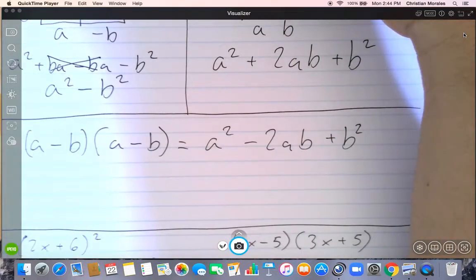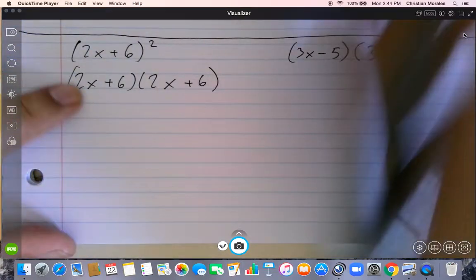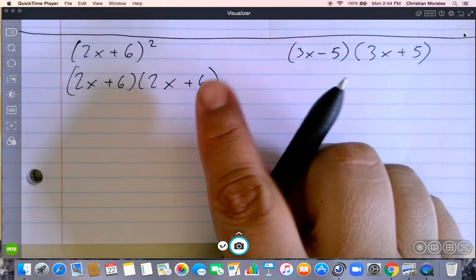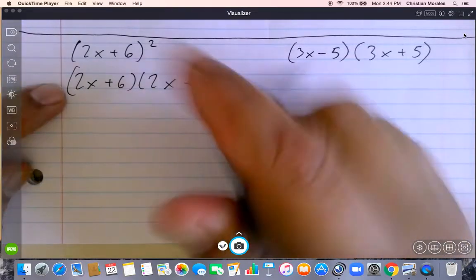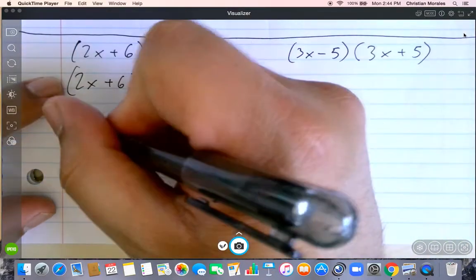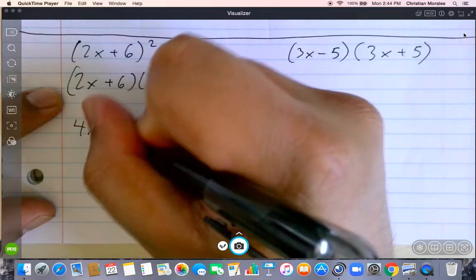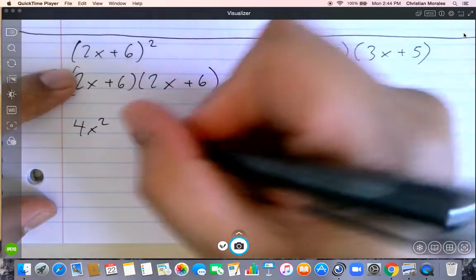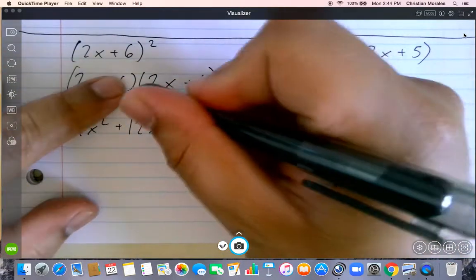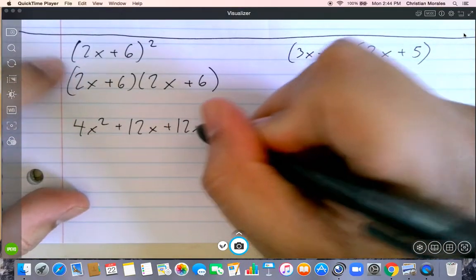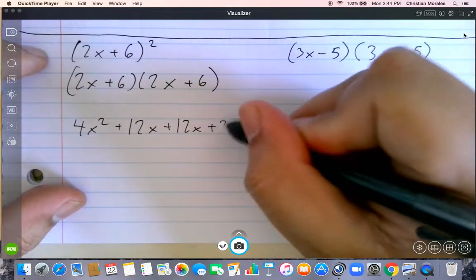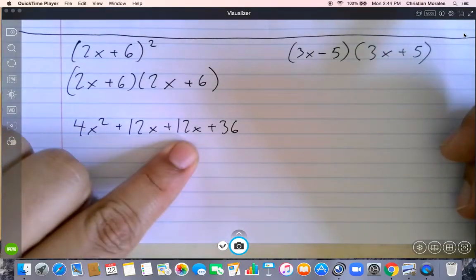You can do your area model, so feel free to do your area model. 2x times 2x is 4x squared. 2x times 6, 12x. 6 times 2x, 12x. 6 times 6, 36. That's what would be in your area model.